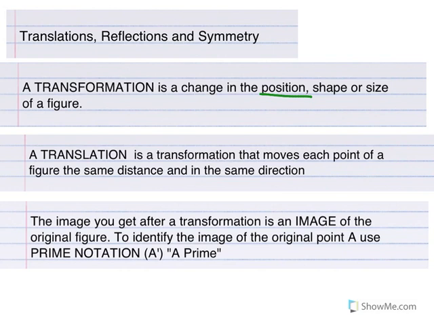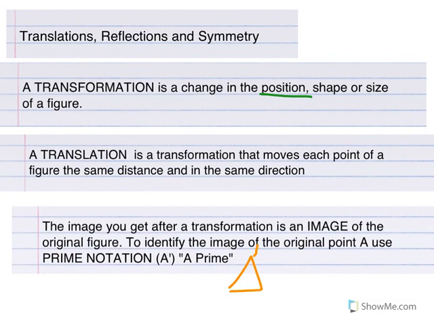So on my figure I'll have point A, B, and C, and when I have translated it to a new point, I will mark this A prime. That little dash mark at the top, we call the prime. So pause the video if you need to make sure you get all those vocab words down, and then we'll move on with an example.